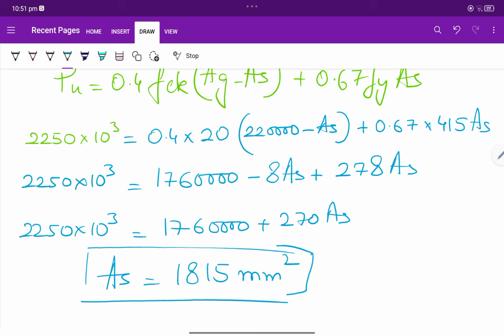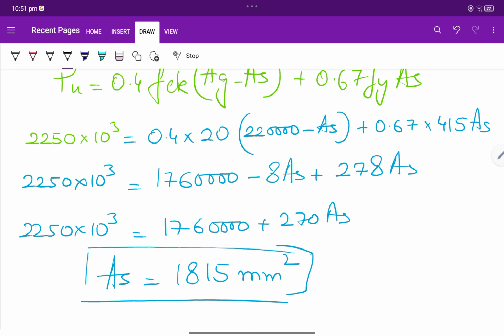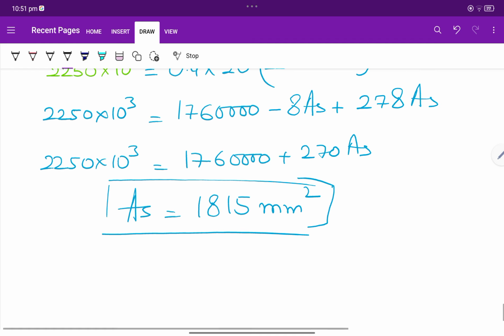Okay, so we have seen previously what we have to do. After that, we have to assume a dia of a bar. Okay, as we are acquainted with the area of a bar of 20 mm and 16 mm, we can see here that the required area of steel is a larger amount.